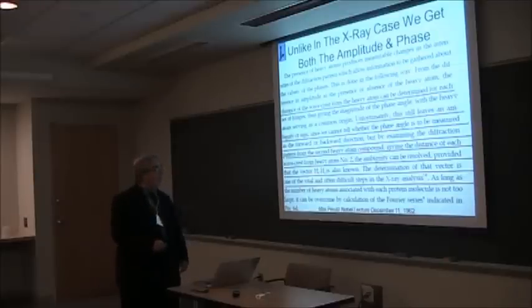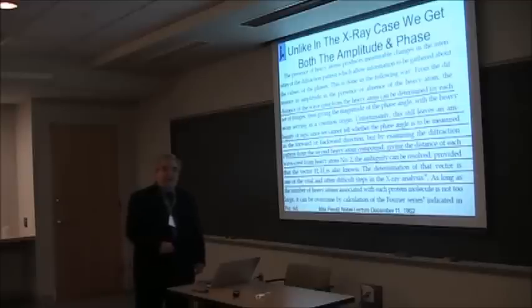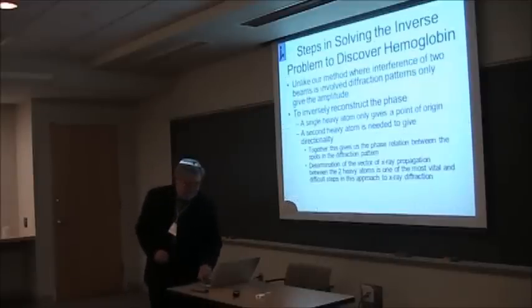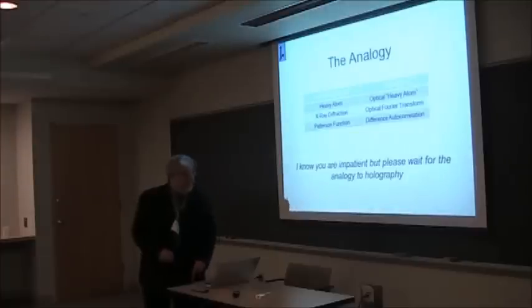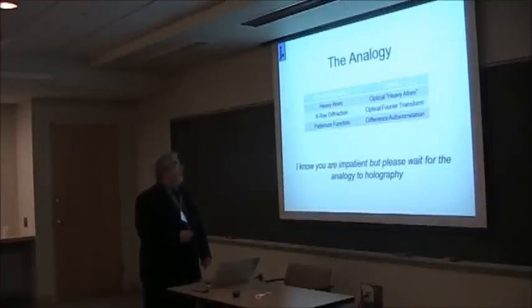So you need 2 heavy atoms in order to define the direction. So the analogy to crystallography is you have the optical heavy atom, you have the optical Fourier transform, which is the X-ray diffraction, and instead of what is called the Patterson function, you have this difference autocorrelation.